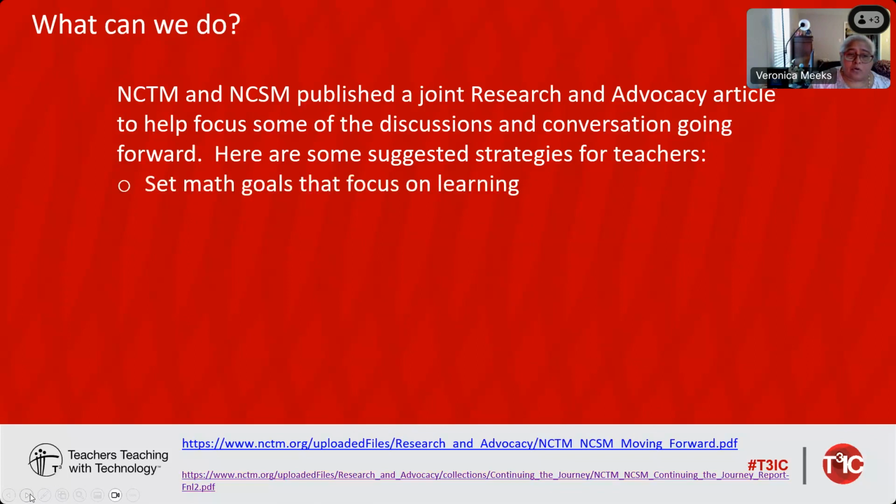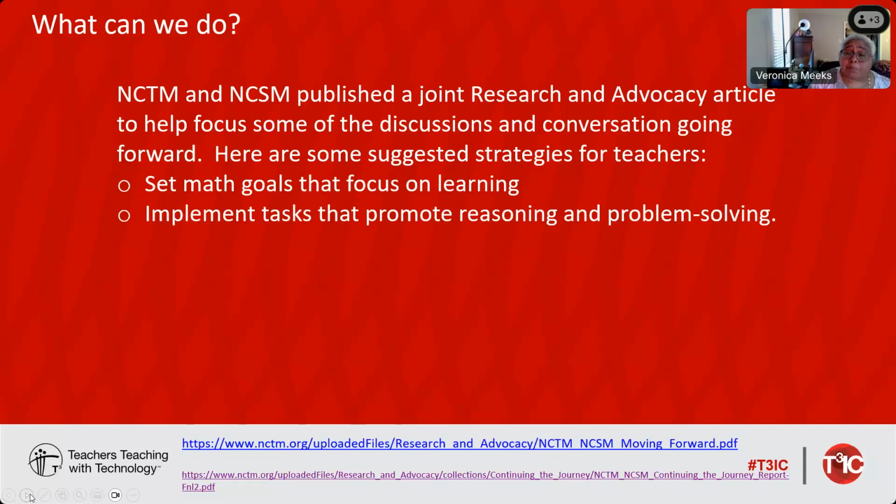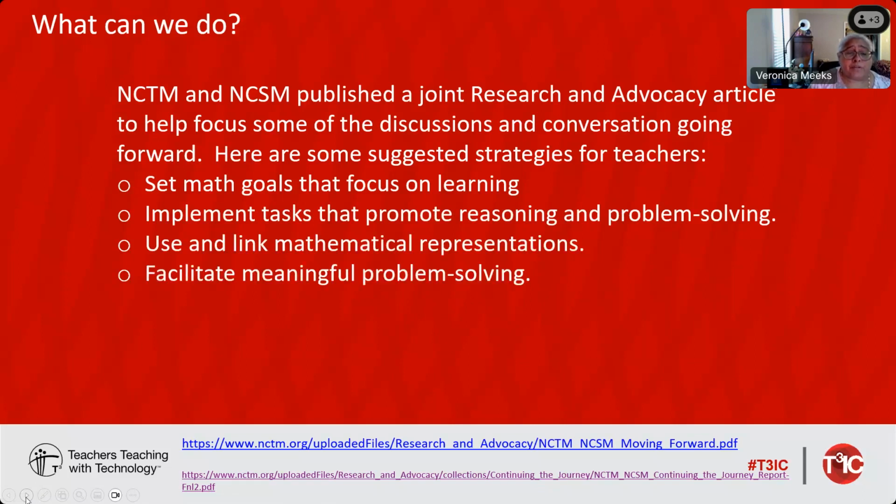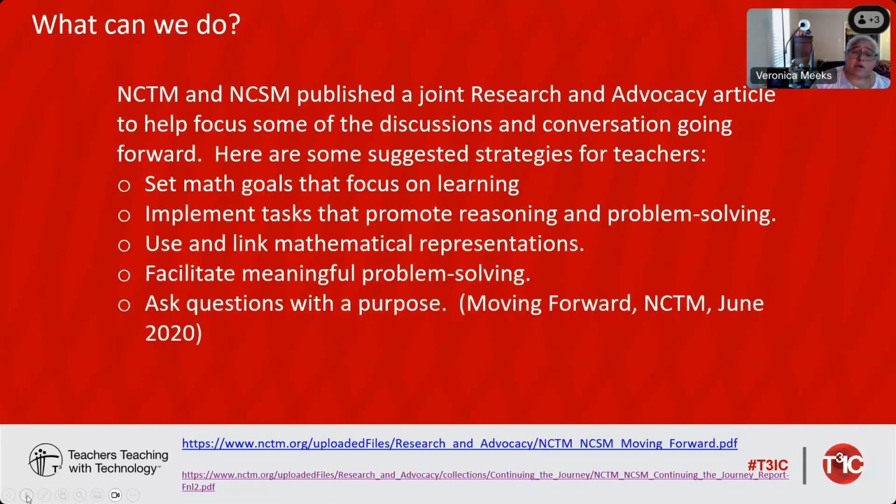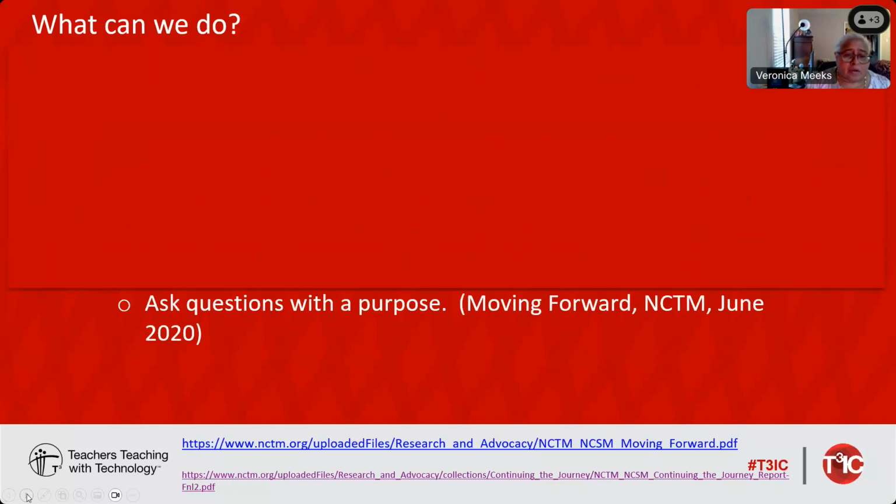We want to set math goals that focus on learning. We want to implement tasks that promote reasoning and problem solving. We want to use and link mathematical representations. We want to facilitate meaningful problem solving. And we want to ask questions with a purpose. We want to be very intentional that planning is extremely important in trying to get ourselves back on track.